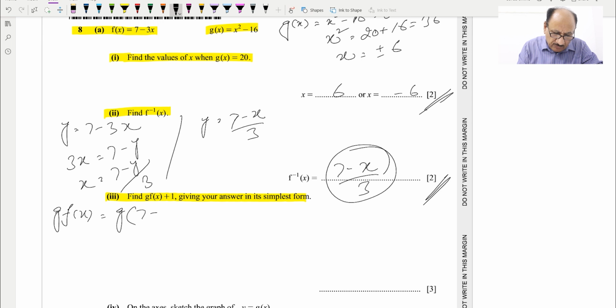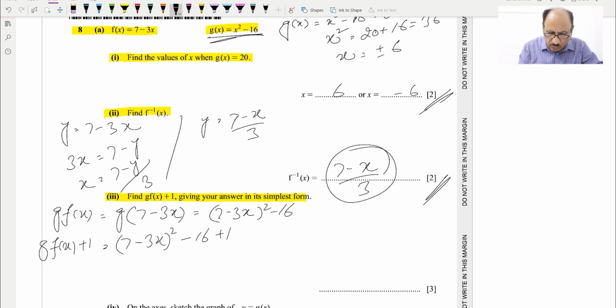So we write here 7 minus 3x, and this will be equal to, in g of x we will be replacing x square, so we will be writing 7 minus 3x square minus 16. Now we can write g of f of x plus 1. So this will be 7 minus 3x square minus 16 plus 1, which we can write in next step here in down.